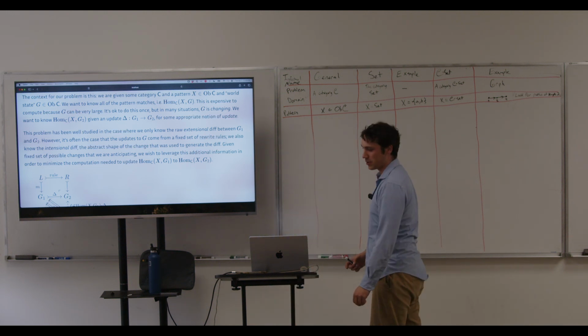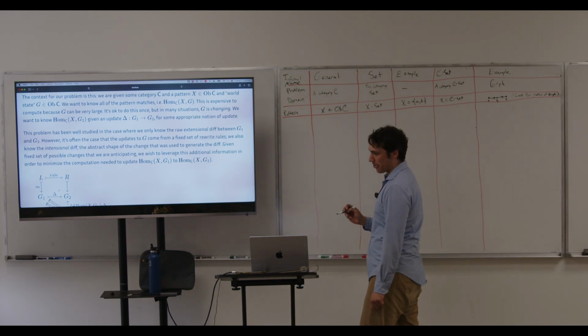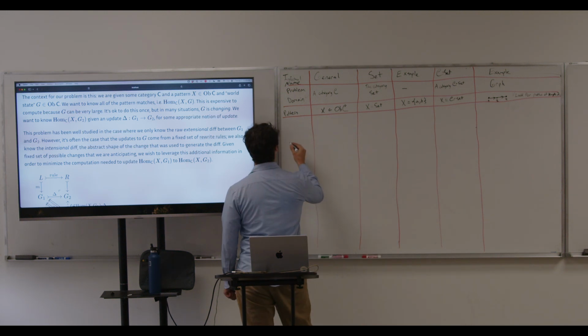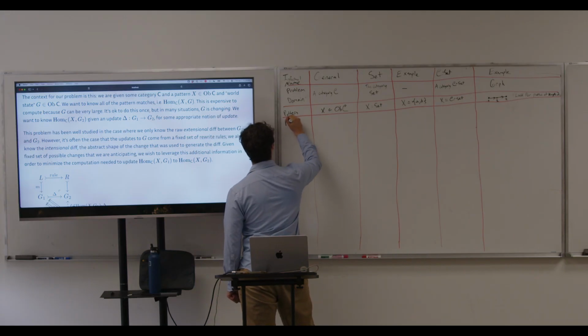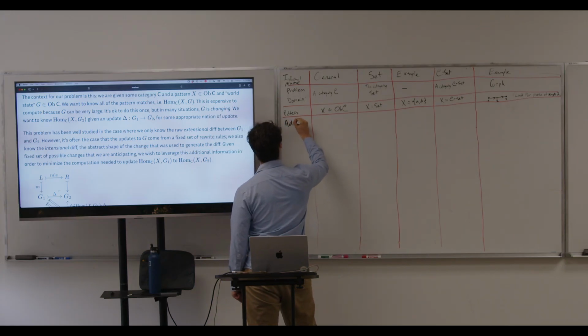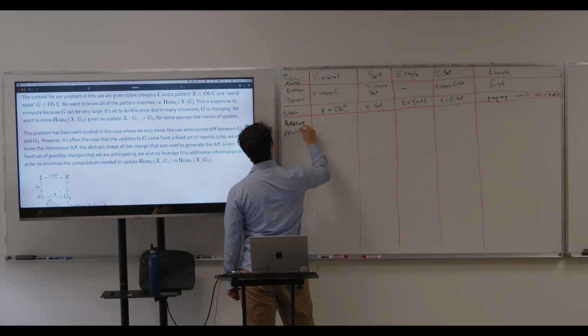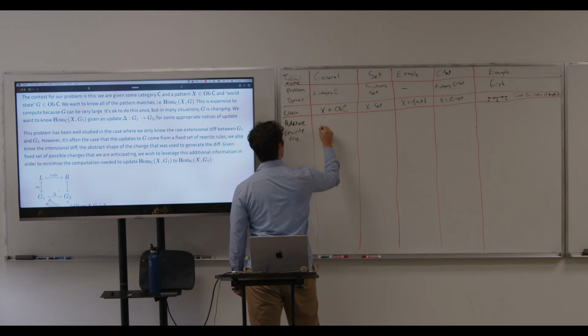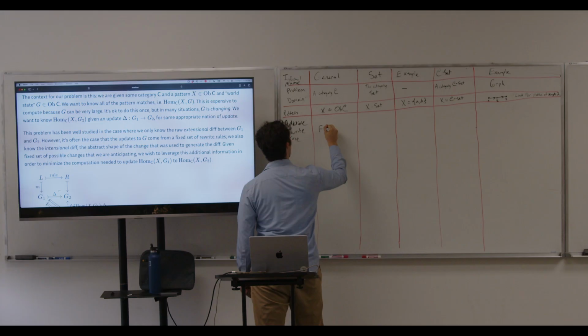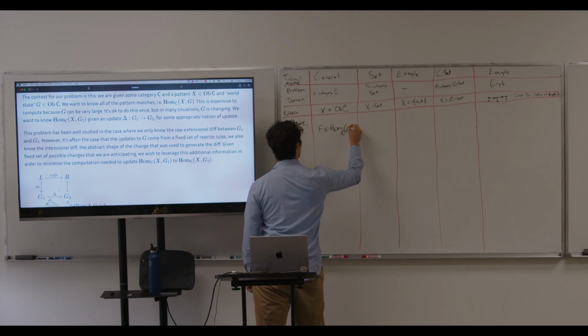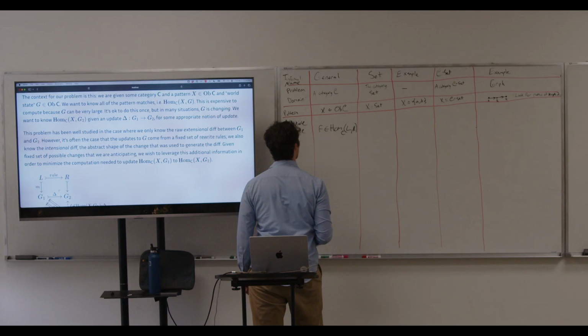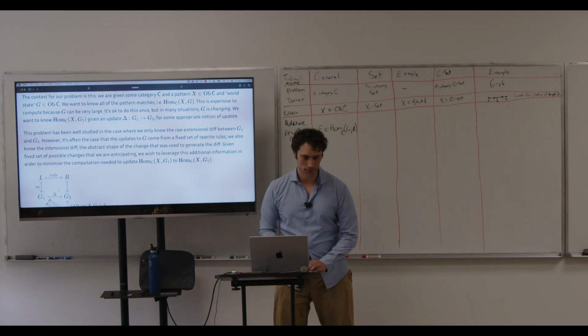OK, cool. So we have our pattern. Now we have the idea of a rewrite rule, and I'm just going to consider additive rewrite rules. An additive rewrite rule is just a morphism in our category, going from something L to something R, on the left and the right.